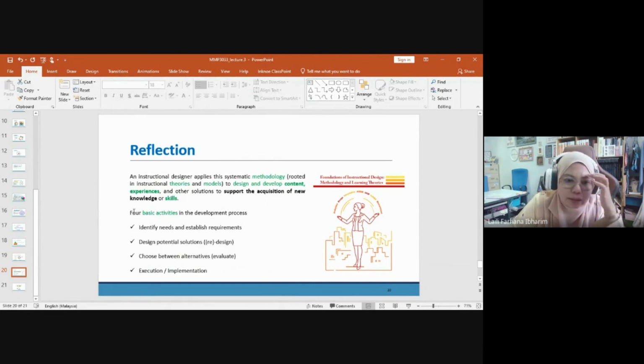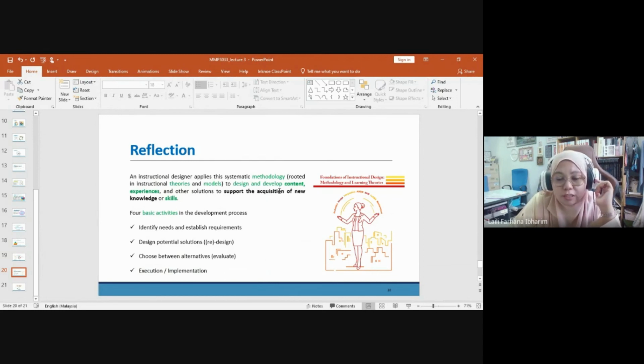So an instructional designer applies a systematic methodology, rooted in instructional theory and models, to design and develop content, experiences, and other solutions to support the acquisition of new knowledge or skills.